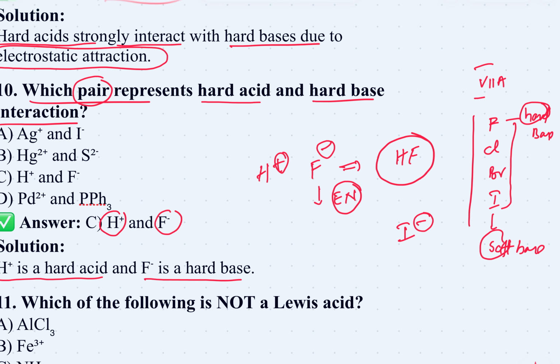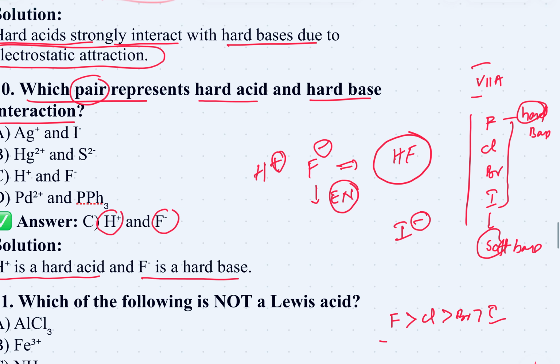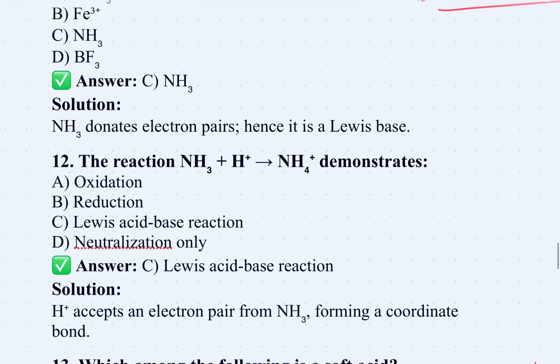That is hard base to soft base. So that is the order. We can write here fluorine is hard base, followed by chlorine, followed by bromine, followed by iodine. Based on the size. Clear? So this is the correct order of hard base to soft base. Don't forget. Okay, these all are bases. Minus charge, no? These all are bases. Acid means H plus, like this, Ag plus. These all are acids.